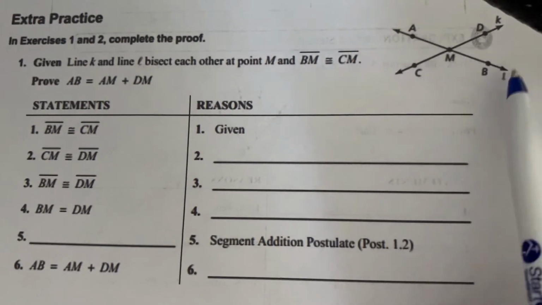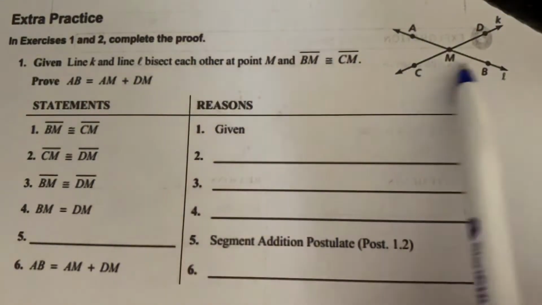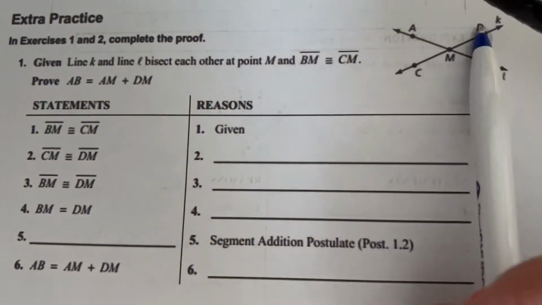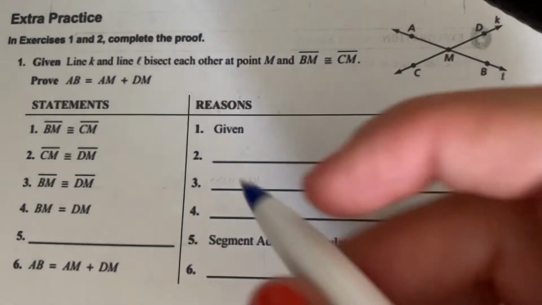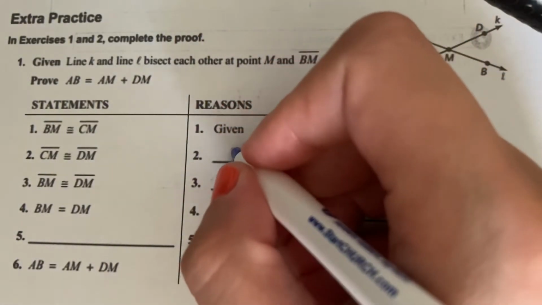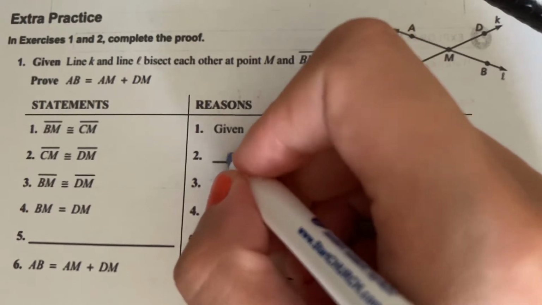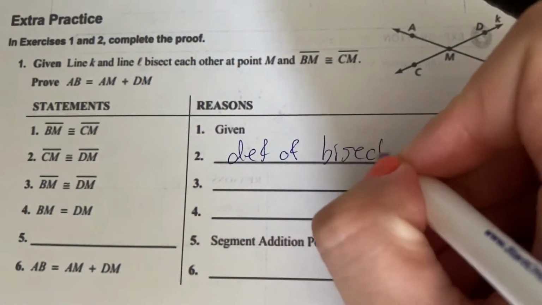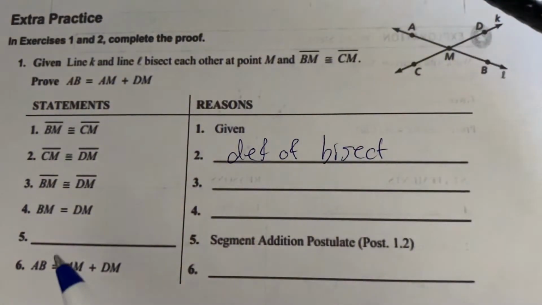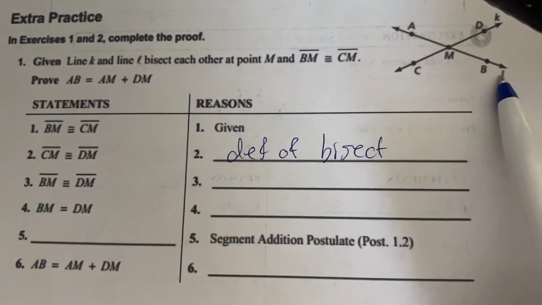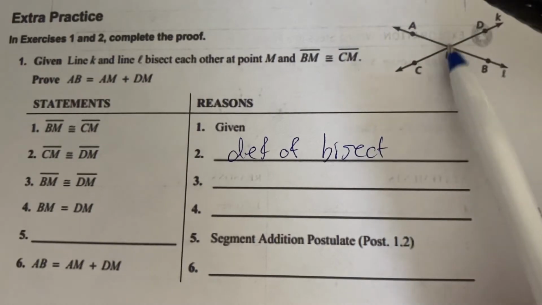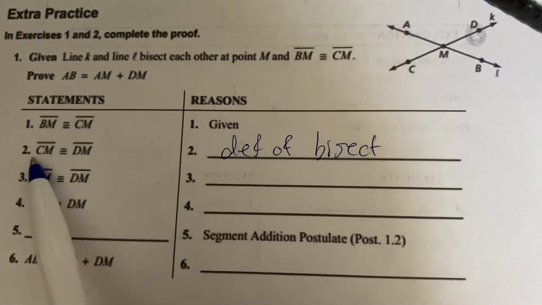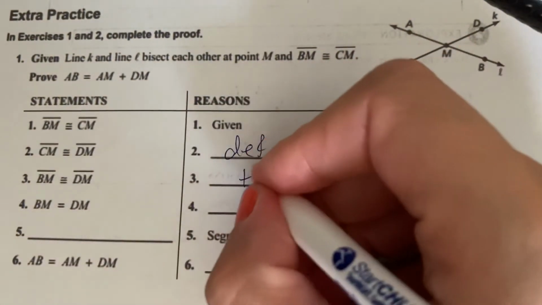And we know that because it says line K and line L bisect each other. So we'd say that's also given or definition of bisect. Then we know BM is congruent to DM because they're both equal to CM. So that's a transitive property.